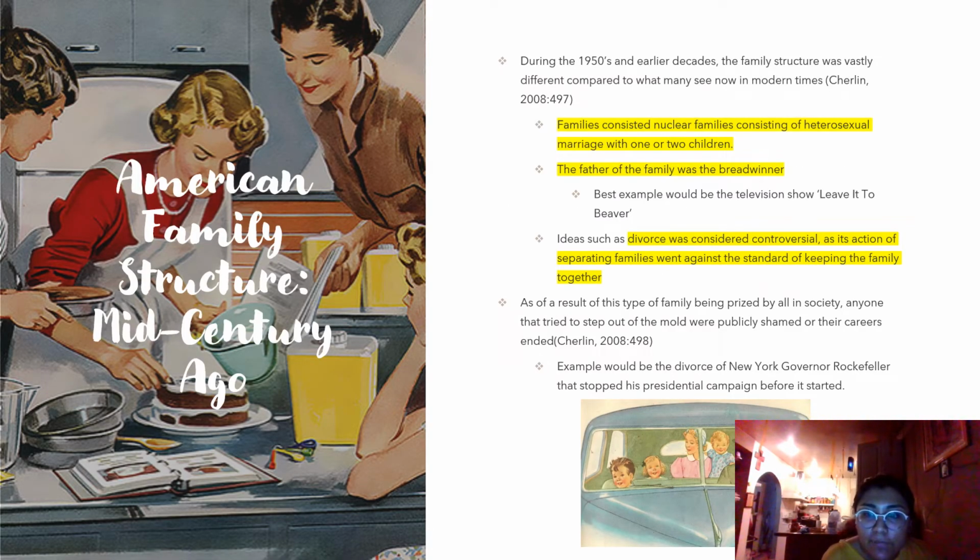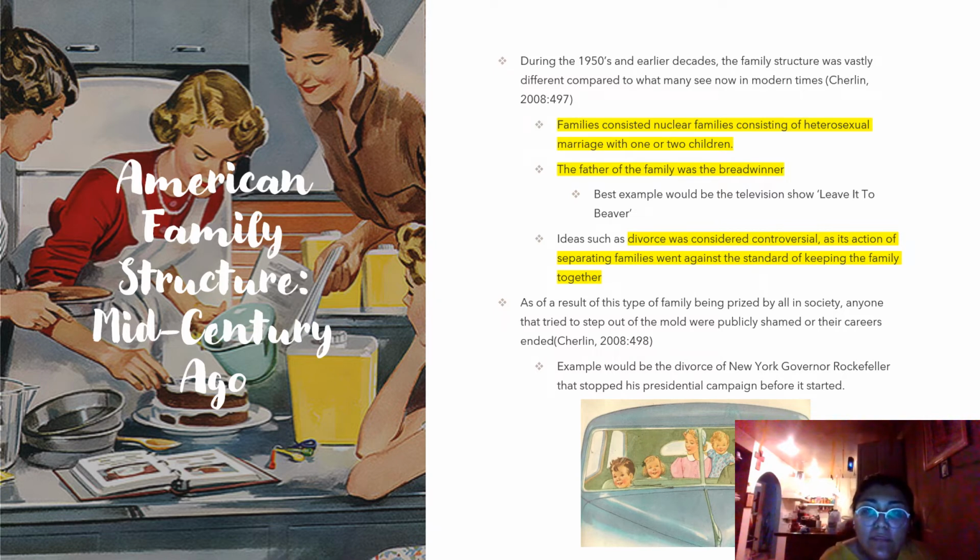So how I split up the reading in terms of content is that there were four main points discussed in the reading, and one of them was the American family structure, how it was mid-century ago, during the 1950s, compared to modern times, which is the next slide.